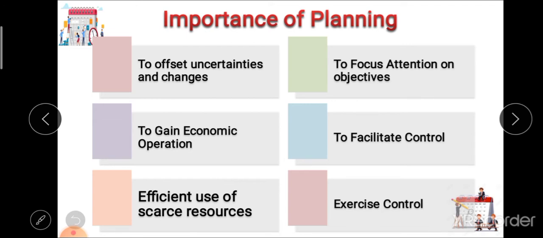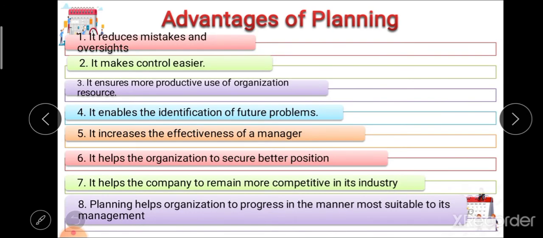After importance of planning, the next one is advantages of planning. There are so many advantages of planning. The first one is that it reduces mistakes and oversight. Because of planning we can observe the different mistakes and oversights, and they can be reduced during implementation. The second advantage is that it makes control easier.